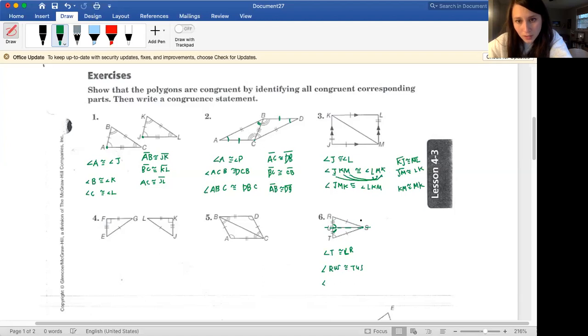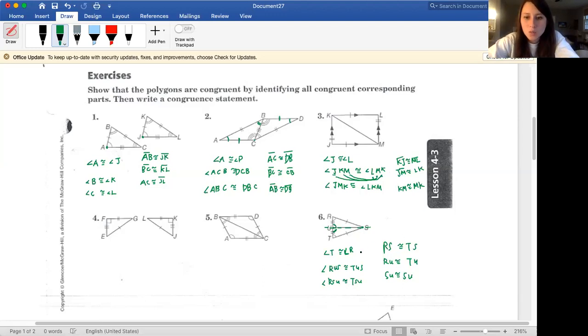And then finally RSU corresponding to TSU. Okay, sides. RS congruent to TS. Bottom side RU congruent to TU. And then the middle one, SU, actually I would say would be the same, right? SU and SU, same spot, because I'm not flipping anything over.